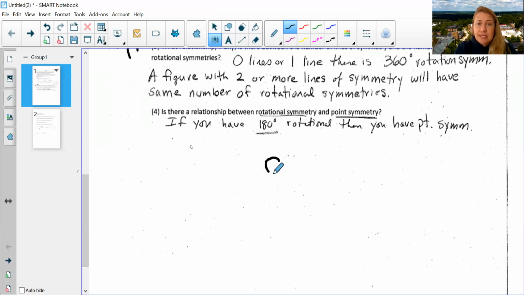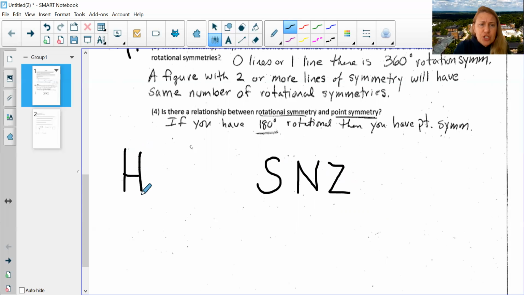And then we know that as far as point symmetry, as long as you have 180-degree rotational symmetry, you have point symmetry. If we looked at some of our letters of the alphabet, like N, S, and Z, those are some letters that I can turn upside down. They would have point symmetry, but no line symmetry. I also could take the letter H or the letter I. I'm running through the alphabet in my head right now.